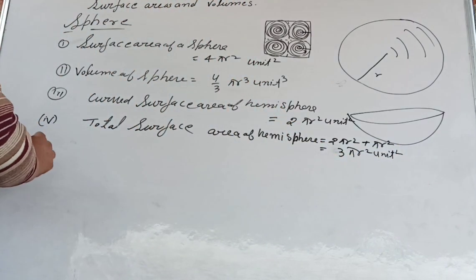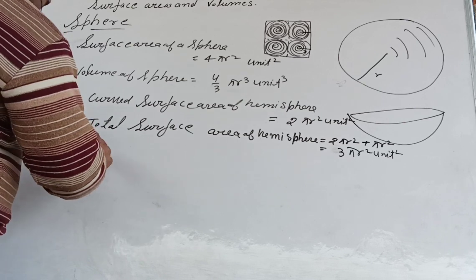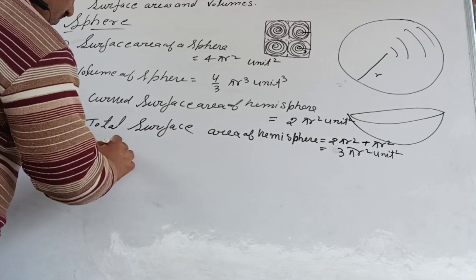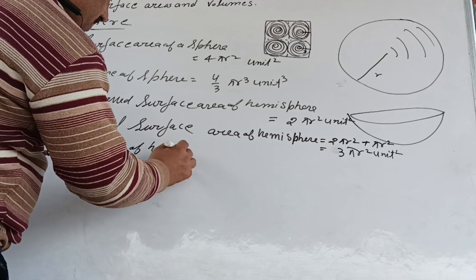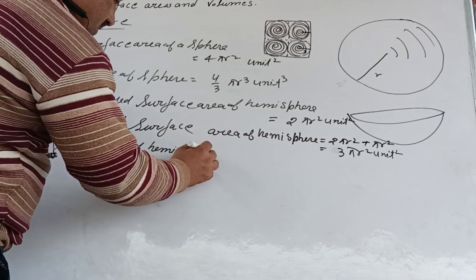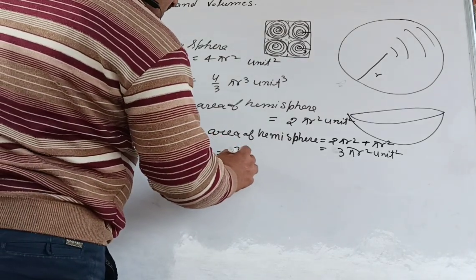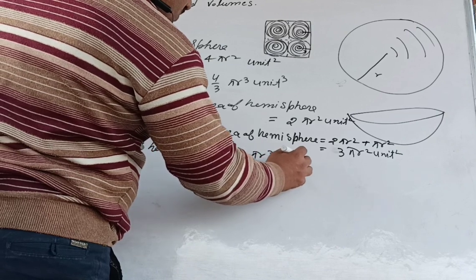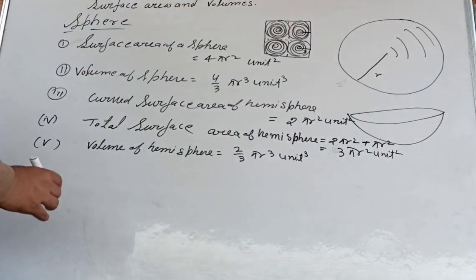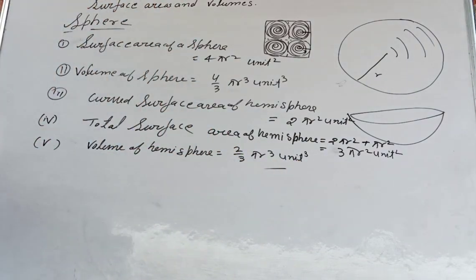And volume of hemisphere is equal to 2 by 3 pi r cube unit cube. This is the formula of sphere and hemisphere.